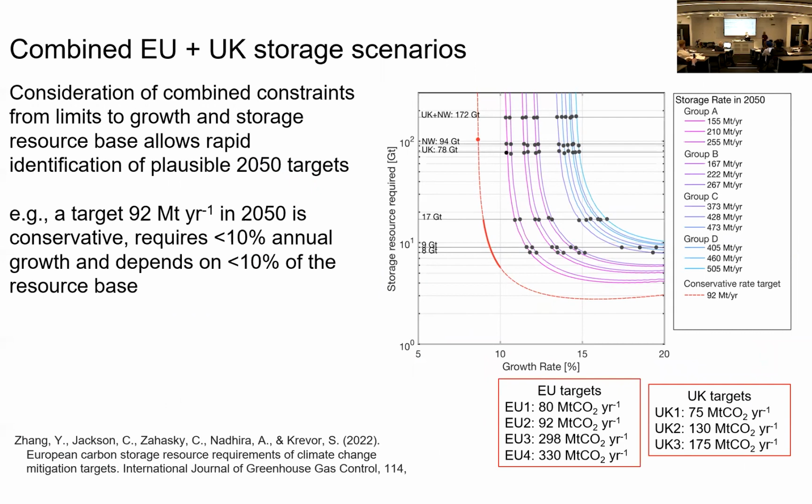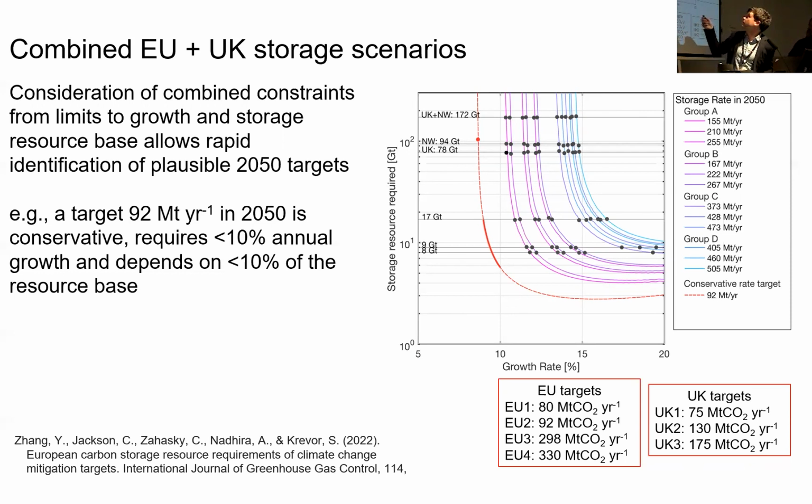And I didn't have time to go through all the nuances and details of this modeling framework. But one of the really nice things, without getting into the details, you just have to take my word for it at the moment. But on this graph, which has storage resource on the vertical axis and growth rate on the horizontal, essentially, if you see scenarios on the vertical side of these curves, it implies that they're growth rate limited, not storage resource limited.